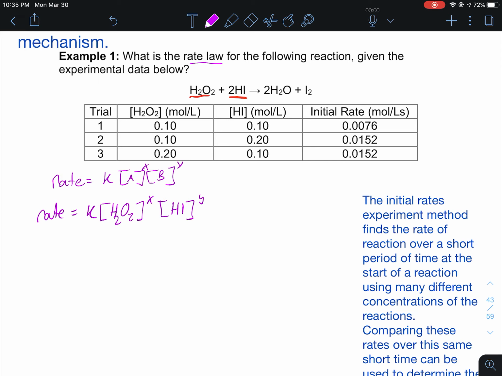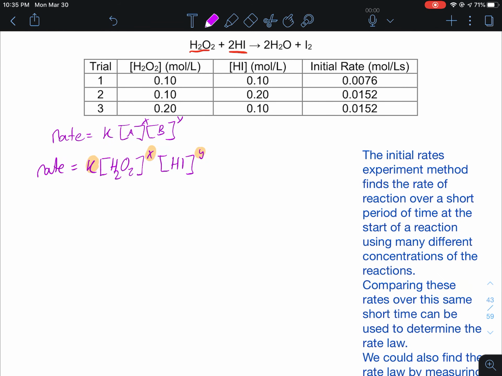In this example, we are always going to assume that we do not know the powers of this reaction, nor do we know the k. So we always have three unknowns, 1, 2, 3 unknowns, and we have to use the table of data to figure out what these unknowns might be. We're going to go through the full method first, and then we'll move to the faster methods afterwards.